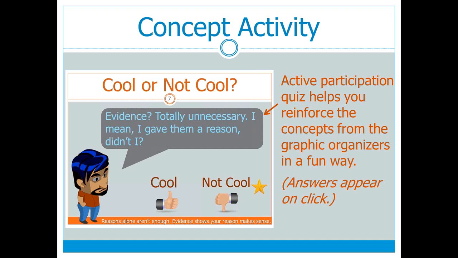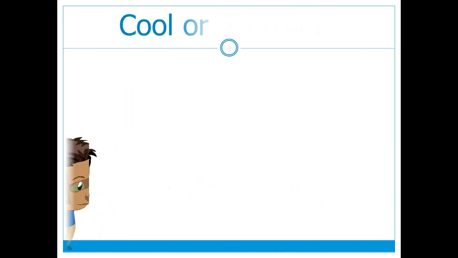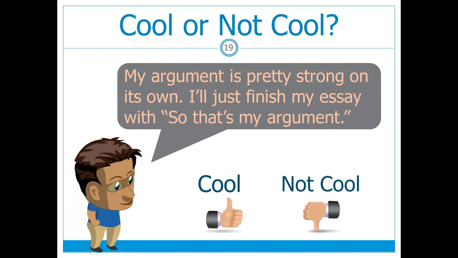Along with the star, there's an explanation at the bottom, and I've got a couple of real live slides from that PowerPoint. So you would say this aloud to the class, they would answer cool or not cool, you hit the answer, and talk about it for a second. Another example here. So that is how it goes.